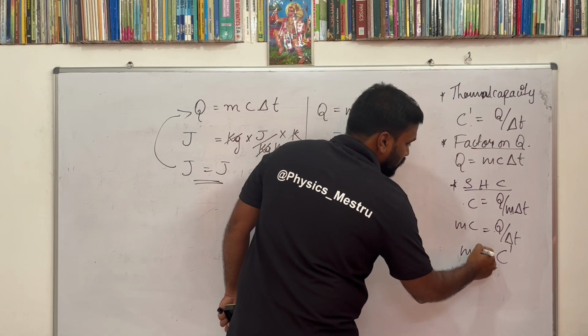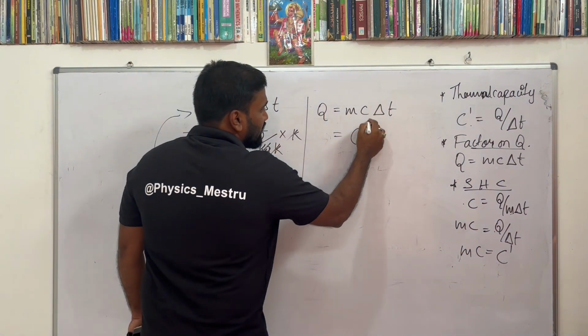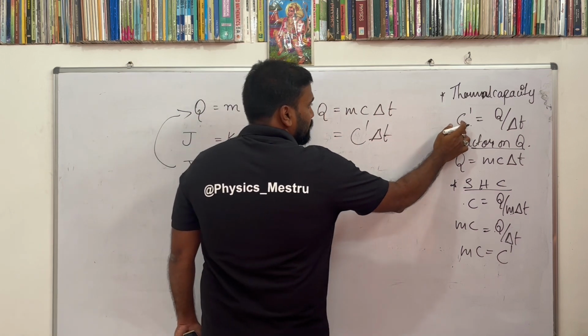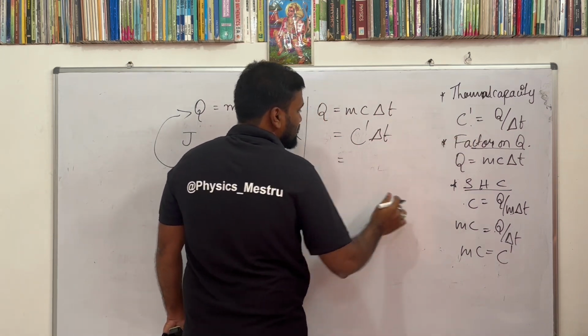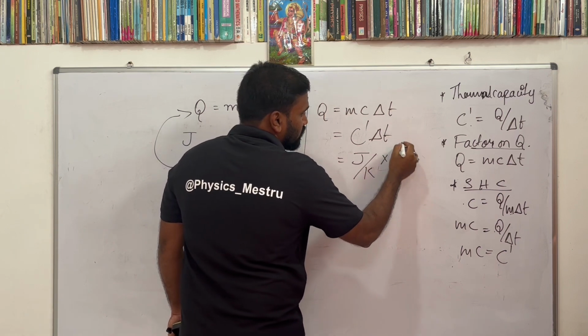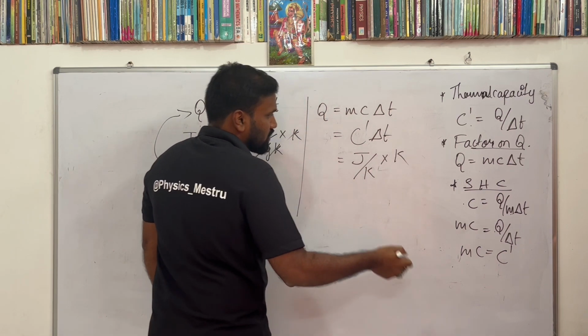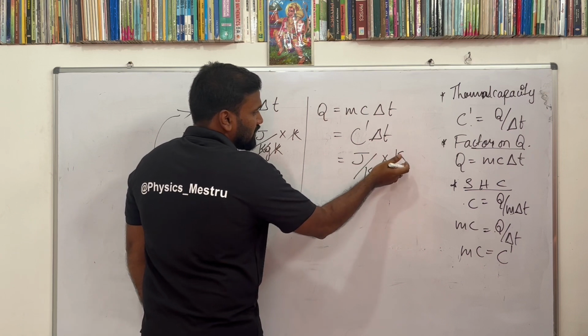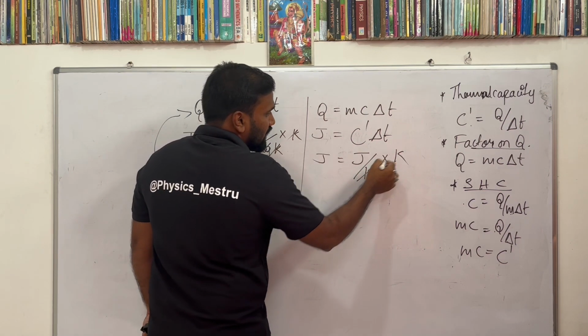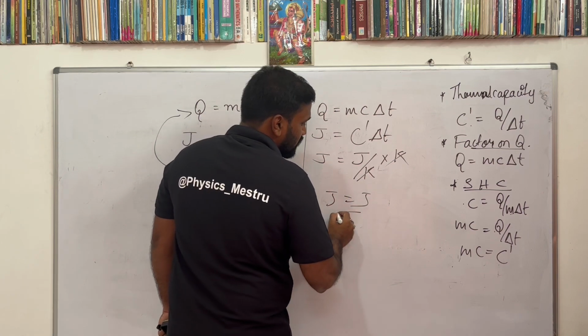So C dash is equal to MC, so instead of MC, I can write C dash. What is the SI unit of this? Thermal capacity is joules per Kelvin, into the rise in temperature in Kelvin. The SI unit of heat energy is joules. Kelvin cancels, joules is equal to joules.